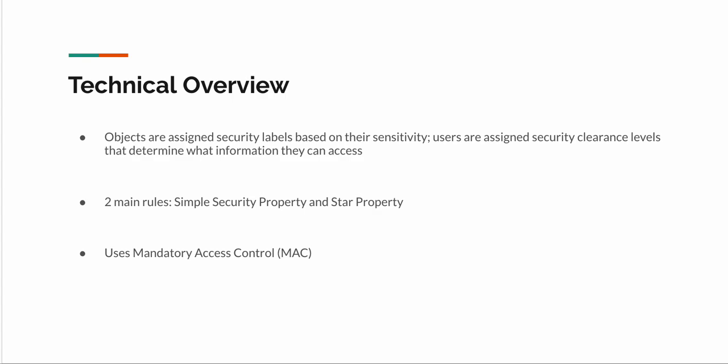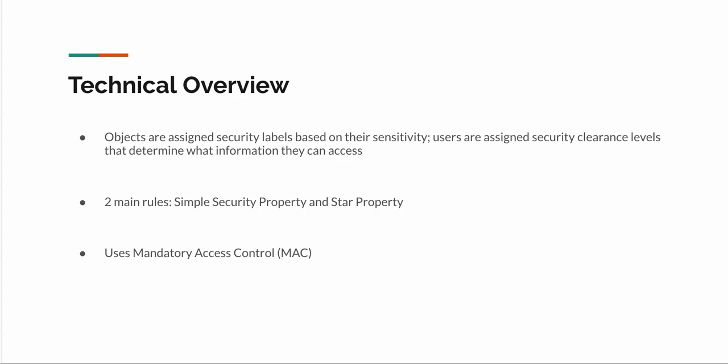So if you had a secret security clearance, then you could read documents that exist at that secret level. You can also read anything below it, so anything unclassified or any security label that is below the secret level, you could read those documents. But you couldn't read anything higher than that, so nothing at the top secret level or anything higher than that.